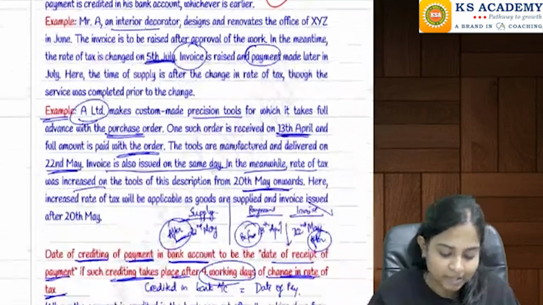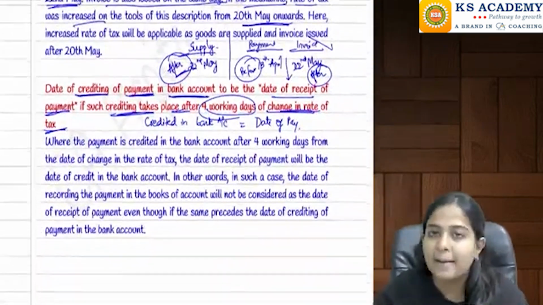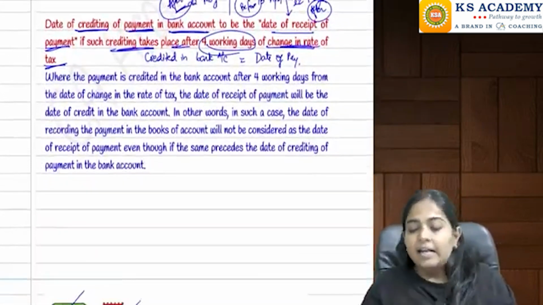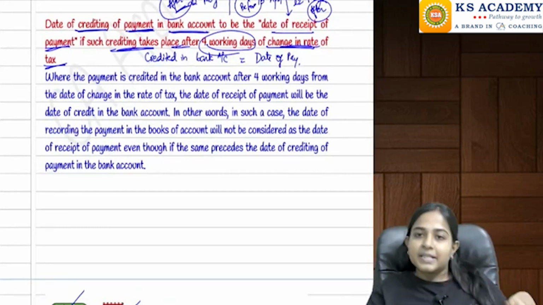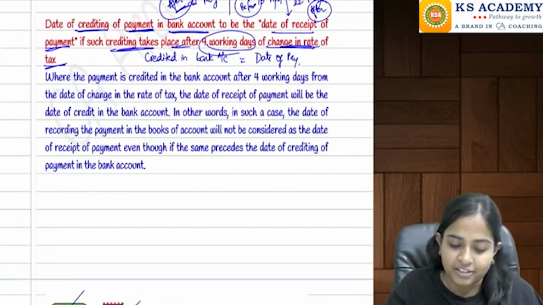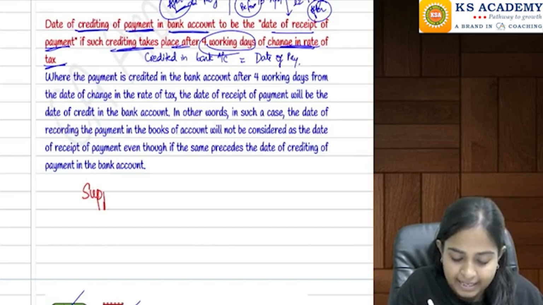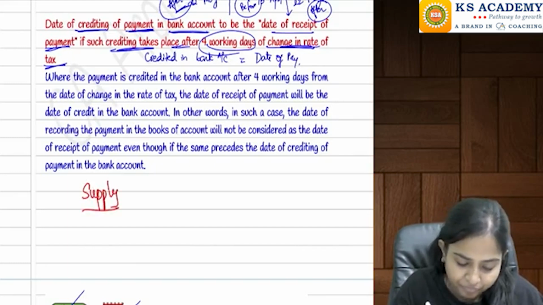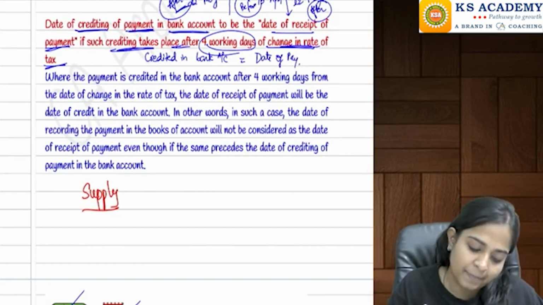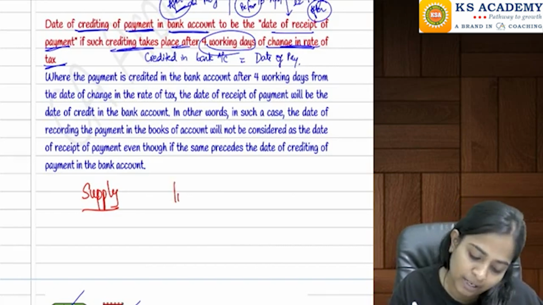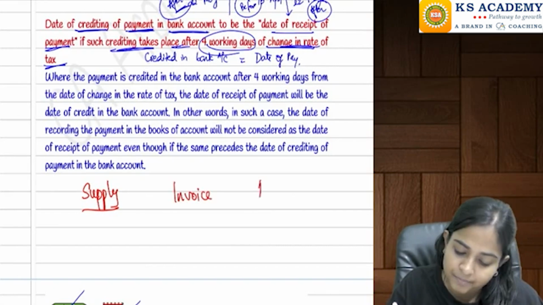Okay, now listen. When this happened, people started misusing the provisions. Everyone here, just try to understand. Let's say supply, and before that also, date of invoice and receipt of payment.